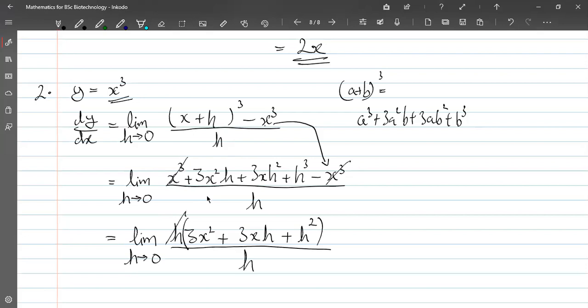Now these can be cancelled. And so what do you get now? The first term will be 3x square, but in the second term and the third term there is h, which is approaching 0. So both of these terms will approach 0. So the limit is just 3x square.